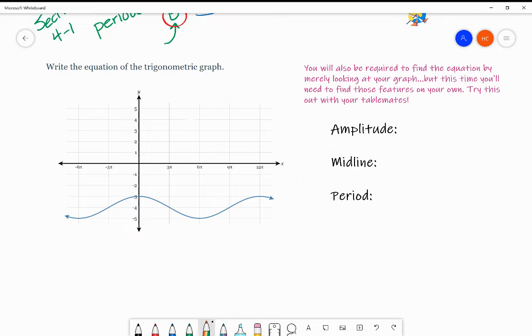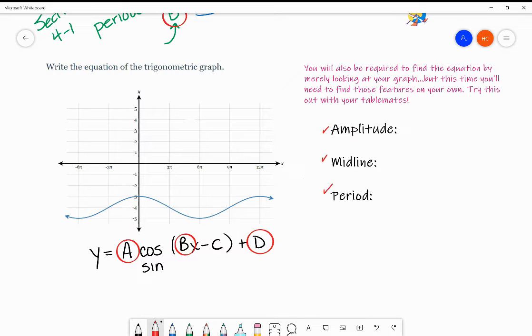And since we know, let me write down the formula here, that the format of our equation has to be y equals a either cosine or sine of bx minus c plus d. My goal is to find the amplitude, the frequency, and the midline equation, or the midline value. Okay, so that's where this is coming into play.